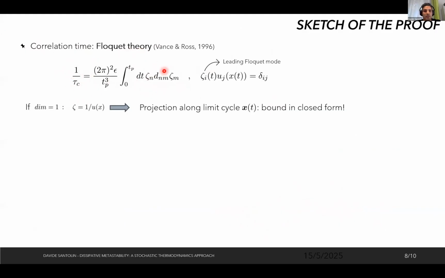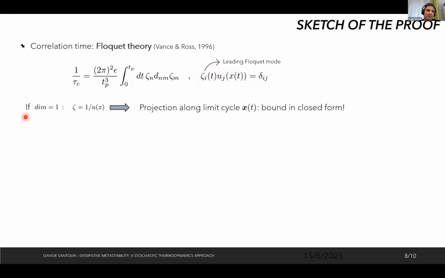But here you see the diffusion matrix and this object zeta, which is actually the hard part to be determined. This zeta is the leading Floquet mode, an object that tells you about the asymptotic stability of the system. But we know that this zeta has to satisfy this biorthonormality condition with the drift.